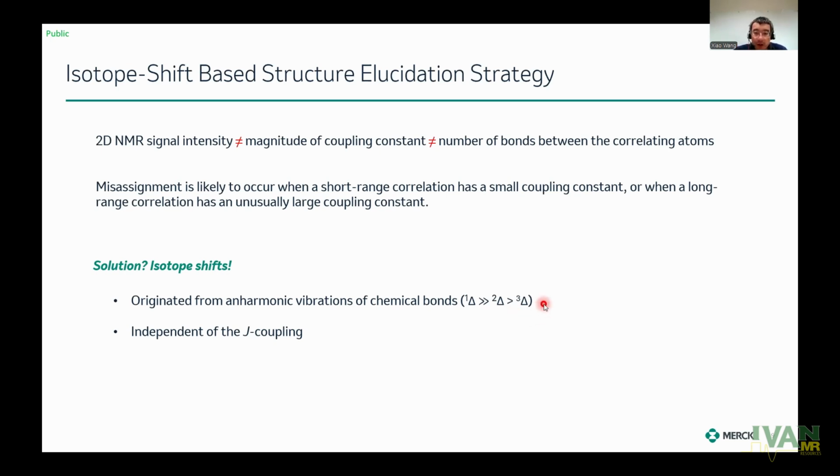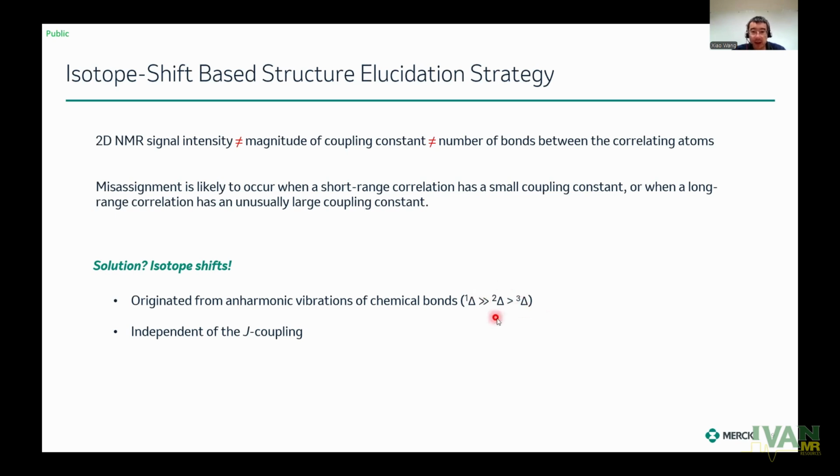For longer range, like 3-bond, 4-bond, or 5-bond isotope shifts, they are not zero, and at that range a lot of environmental factors can affect the isotope shift. So the 3-bond isotope shift is not necessarily larger than the 4-bond or 5-bond, but the 2-bond is always larger than the 3-bond.